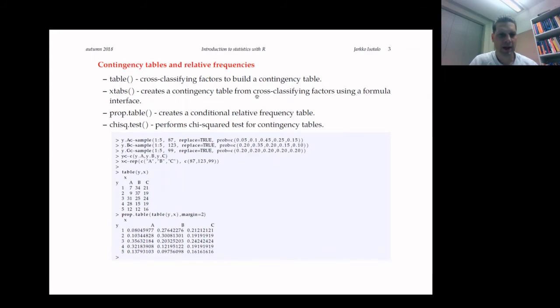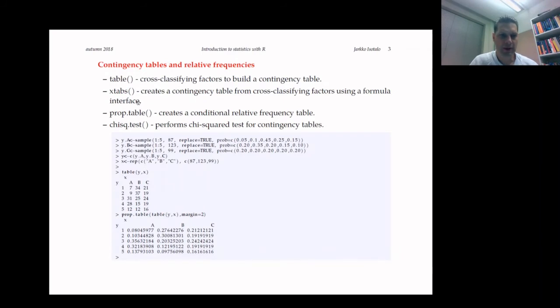So what we really need here is this table function, which constructs these frequencies. It gives us the frequency tables, and in case we have two variables, it gives us the two frequency tables for these two variables. The same applies to xtabs, but it's a bit more, let's say, that we can use a formula interface to come up with these tables.